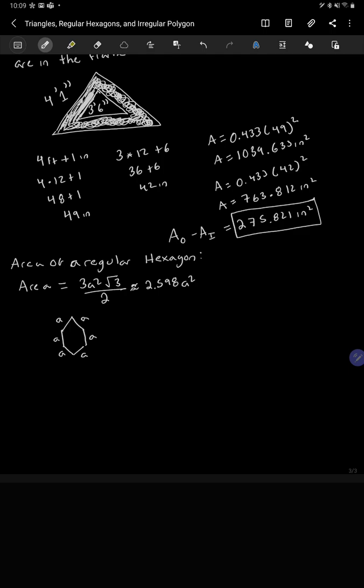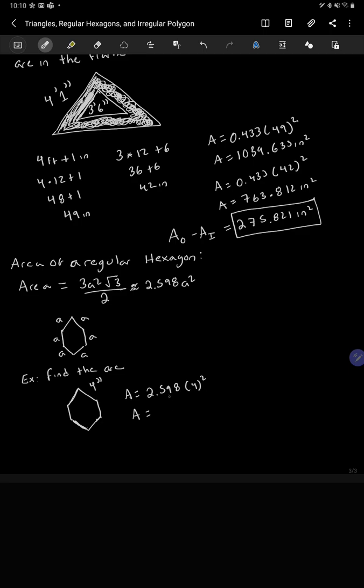So let's say that we had a hexagon that was 4 inches. So let's say we're looking for the area of this. And so we're going to do the same thing. We're going to say area is equal to 2.598 times 4 squared.